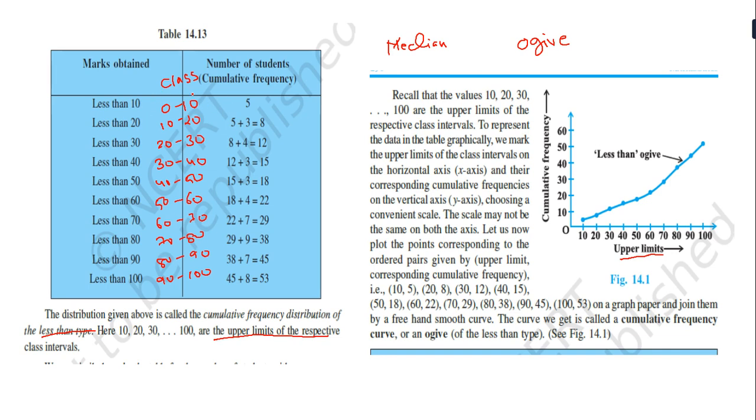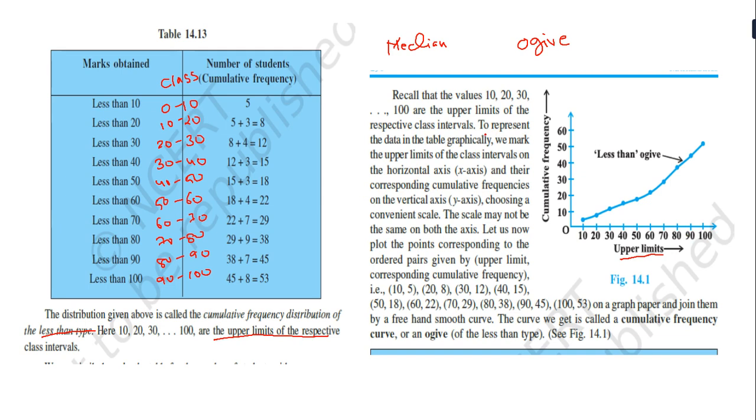First of all we have to write the class. Now we can see the upper limits are there, so I am writing upper limits 10, 20, 30, 40, 50, 60, 70, 80, 90 and 100. And on the y-axis, what do you have to write?